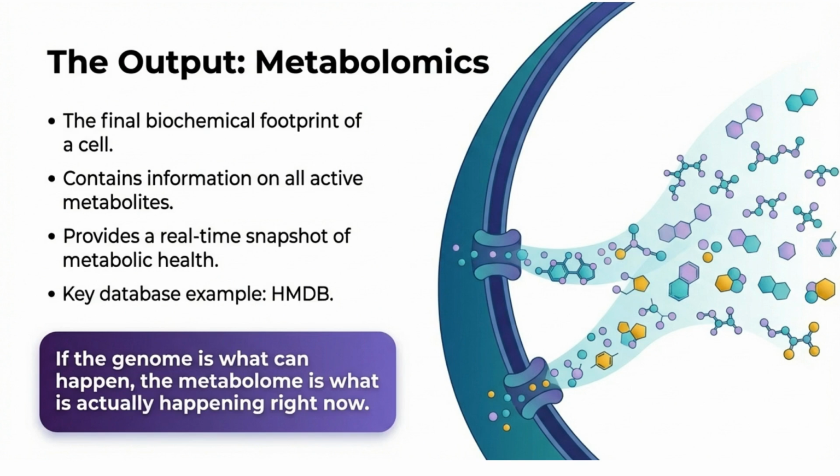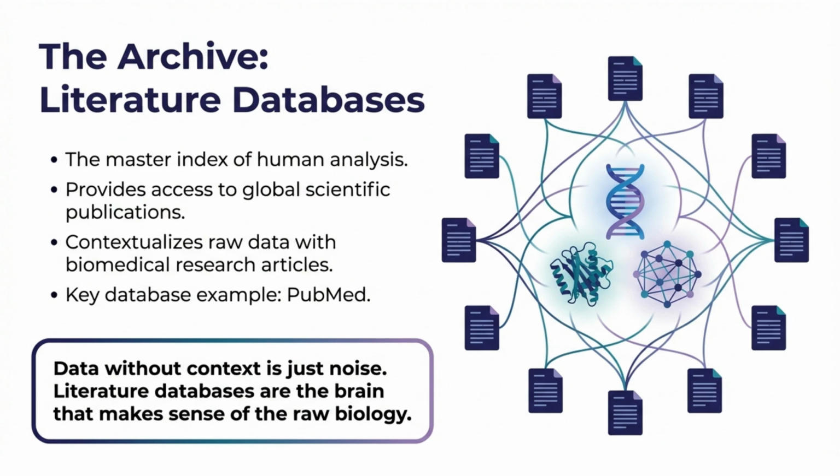But all of this data still needs interpretation, context, and scientific explanation. That brings us to literature databases. Data becomes much more useful when it is connected to published scientific knowledge. That is the role of literature databases such as PubMed. PubMed indexes a massive body of biomedical research literature and allows scientists to connect genes, proteins, pathways, and diseases with peer-reviewed studies.